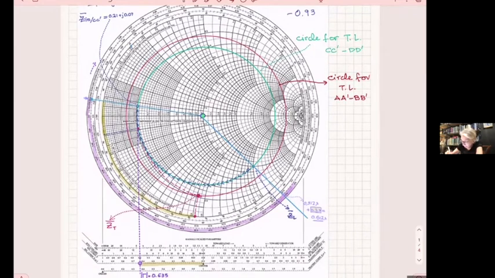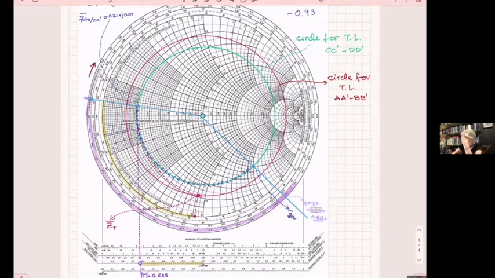So I'm going to still move along this direction, all right, towards the generator. And since I have this one in purple to remind us, it's going to be like this. All right, so I will move for 0.1 of a wavelength.